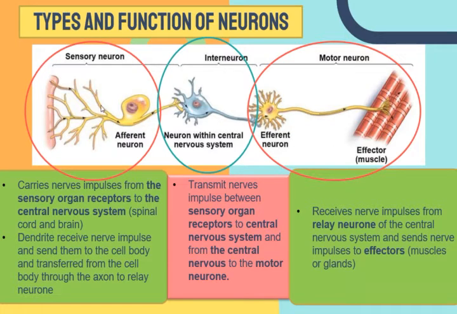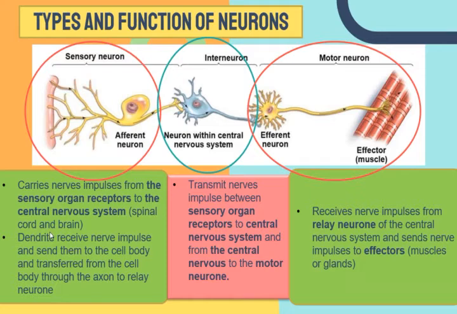Let's go to the function of the afferent neuron. Afferent neurons carry nerve impulses from the sensory organ receptors to the central nervous system, which are the spinal cord and brain.